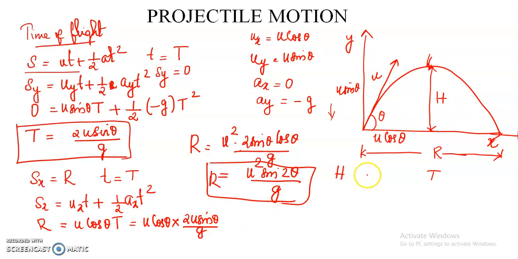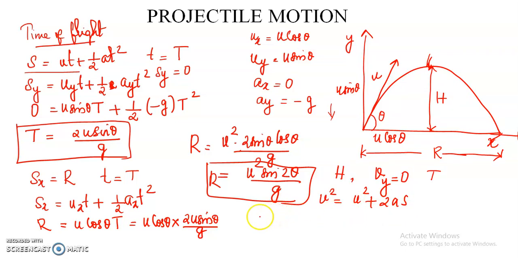When the projectile attains the maximum height h, we can say that the final velocity Vy becomes equal to 0. So in order to calculate h, we need to use another equation of motion given as v square equal to u square plus 2as, where v is the final velocity, u is the initial velocity, a is the acceleration, and s is the displacement.